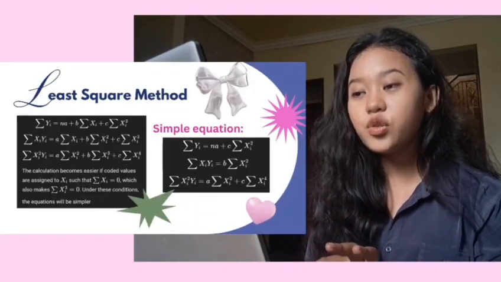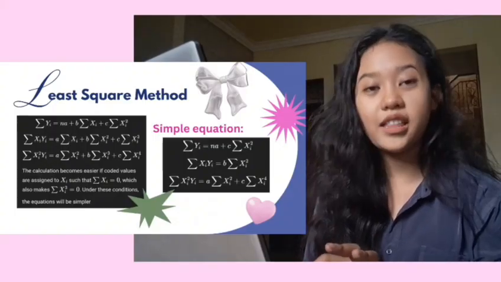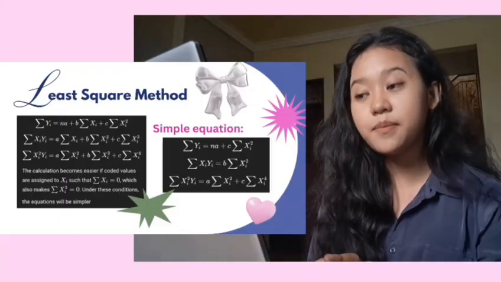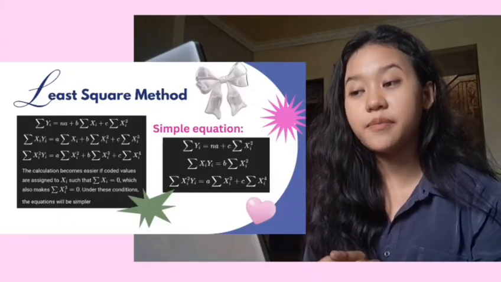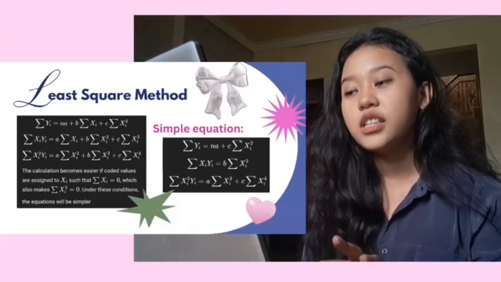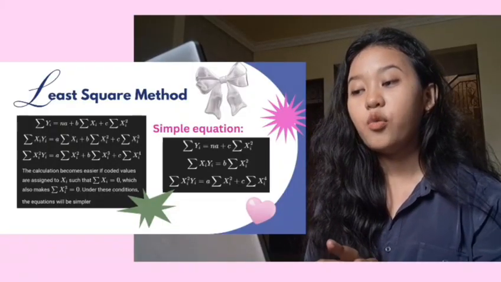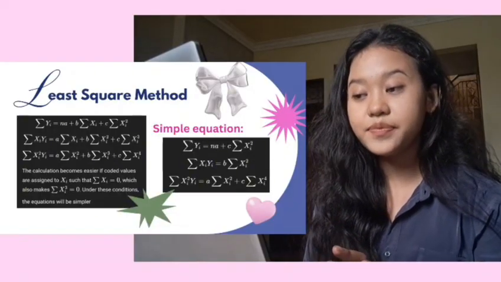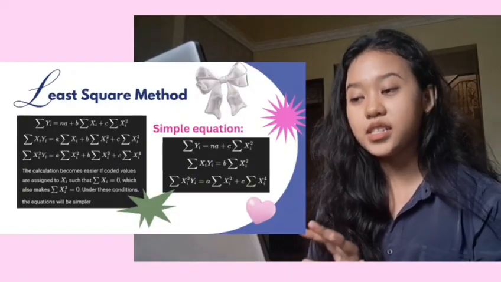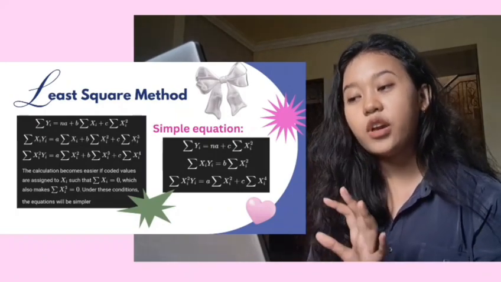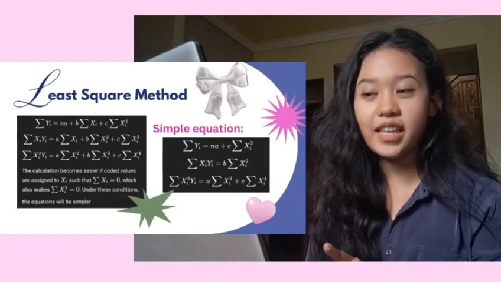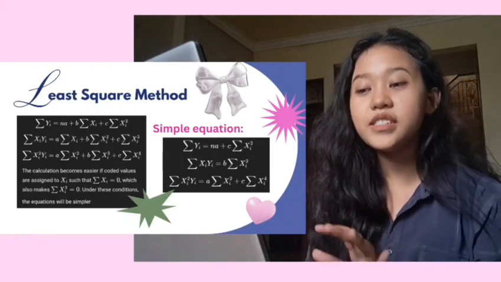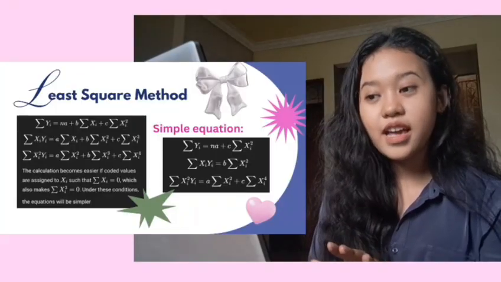In the least square method, the equation will be like this: sigma yi equals na plus b times sigma xi plus c times sigma xi squared. This calculation becomes easier if coded values are assigned to xi so that sigma xi equals 0. And the equations will be simpler: sigma yi equals na plus c times sigma xi squared, and so on.